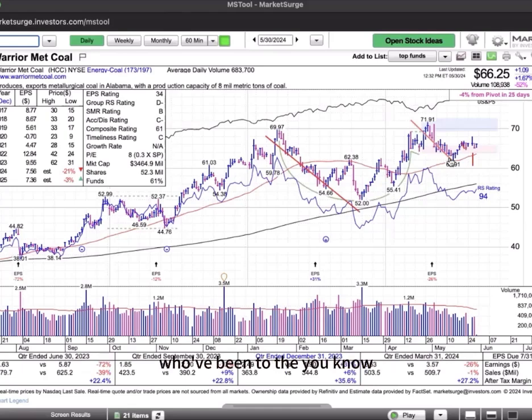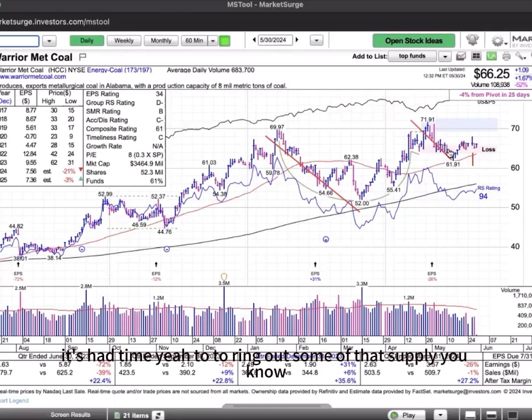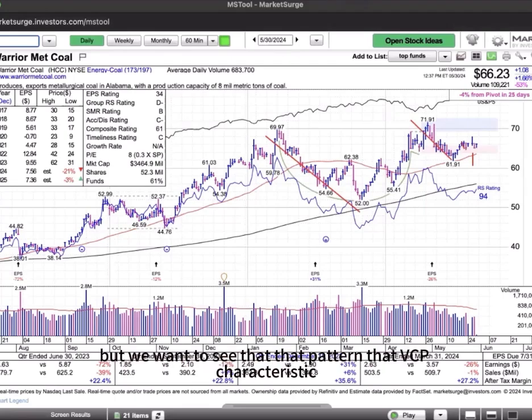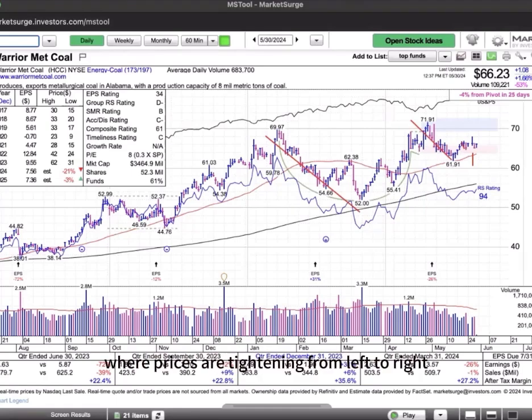Those of you who've been to the Master Trader program, it's had time to wring out some of that supply, IBIT being another example. So not knowing what yours is, I can't really comment, but we want to see that VCP characteristic. Remember, the VCP is not a pattern, it's a characteristic where prices are tightening from left to right as strong hands are taking out weak hands, and that line of least resistance is moving up.